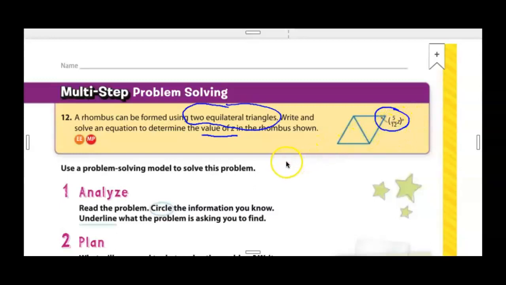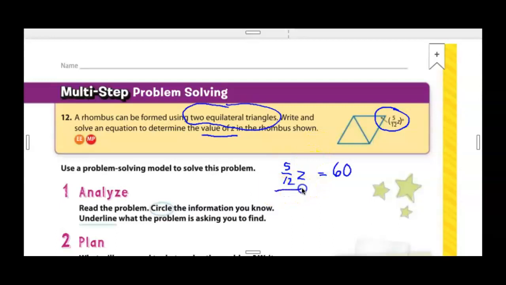So we know that 5/12 times z is equal to 60 degrees, because all equilateral triangles are made up of angles that are 60 degrees. So if we have 5/12 times z, what is the opposite that we're going to use? The inverse of multiplication to get rid of that. That's correct. We're going to divide.